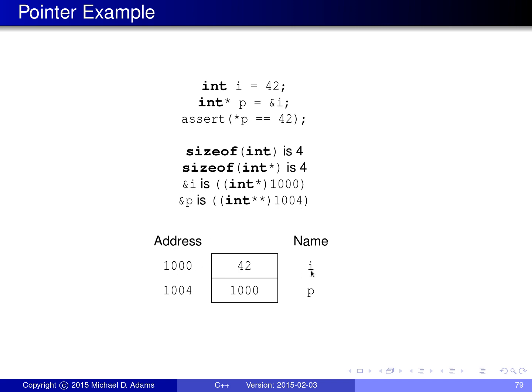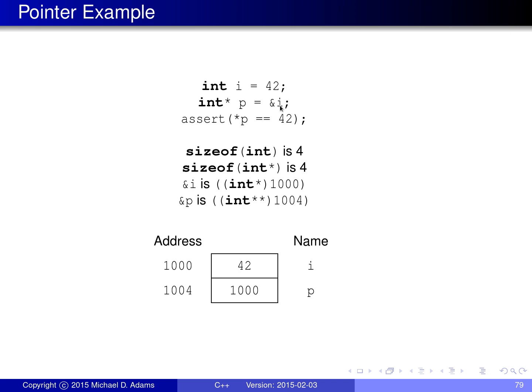At memory location 1000, we have the variable i stored in memory, and at memory location 1004, we have the variable p stored in memory. When the code starts executing and we assign 42 to i, this places 42 into this area of memory, because this area corresponds to the variable i. On the next line, when we create the pointer variable p, we initialize it to the address of i.